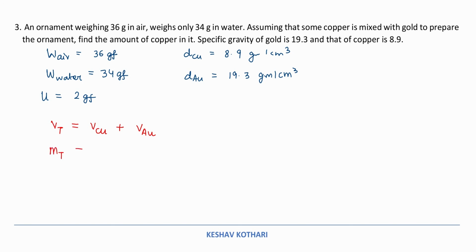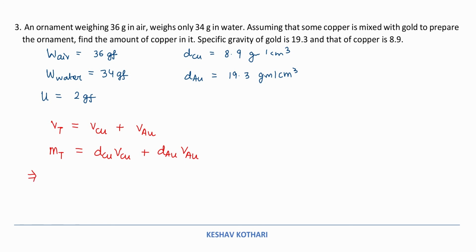The total mass is going to be because of the mass of copper and the mass of gold. So mass of copper can be written as density of copper into volume of copper, plus mass of gold can be written as density of gold into volume of gold. So this is how we calculate the total mass for this particular problem.